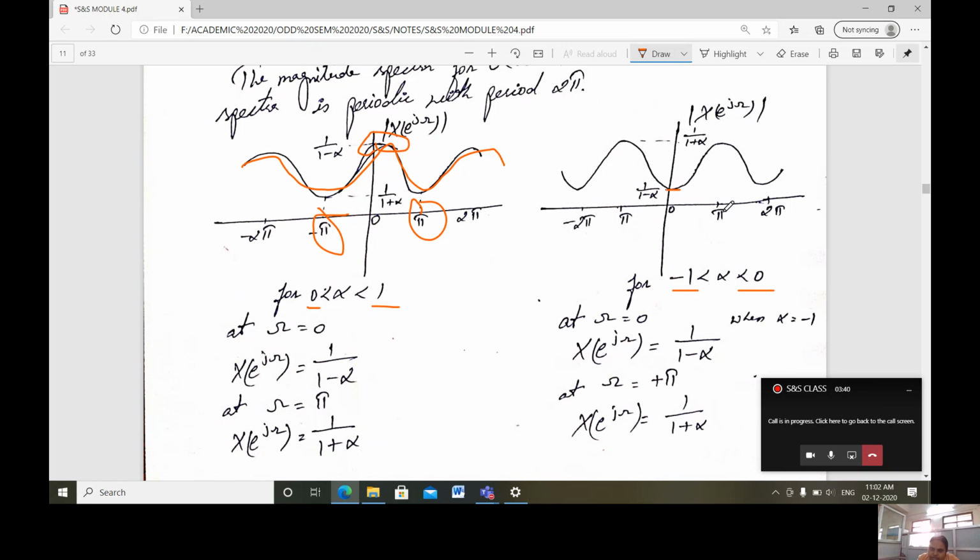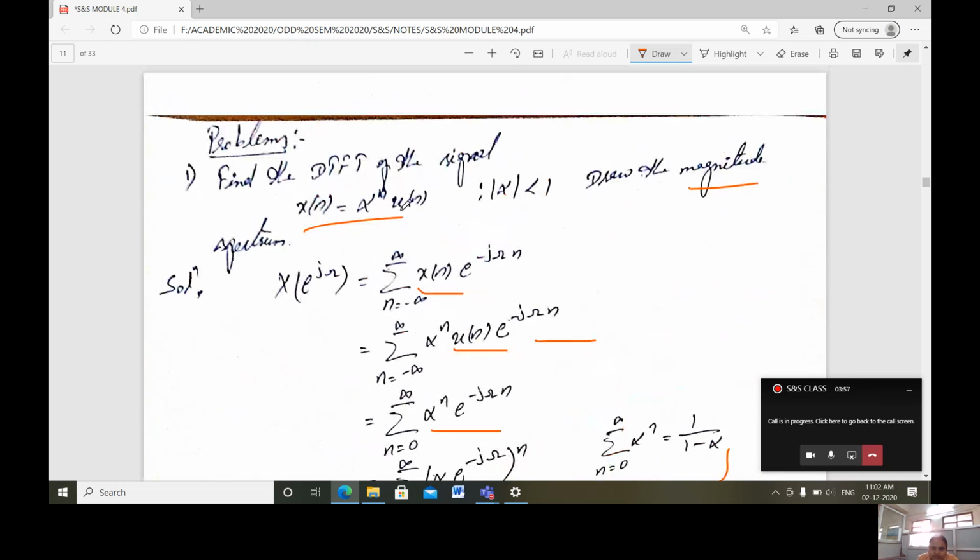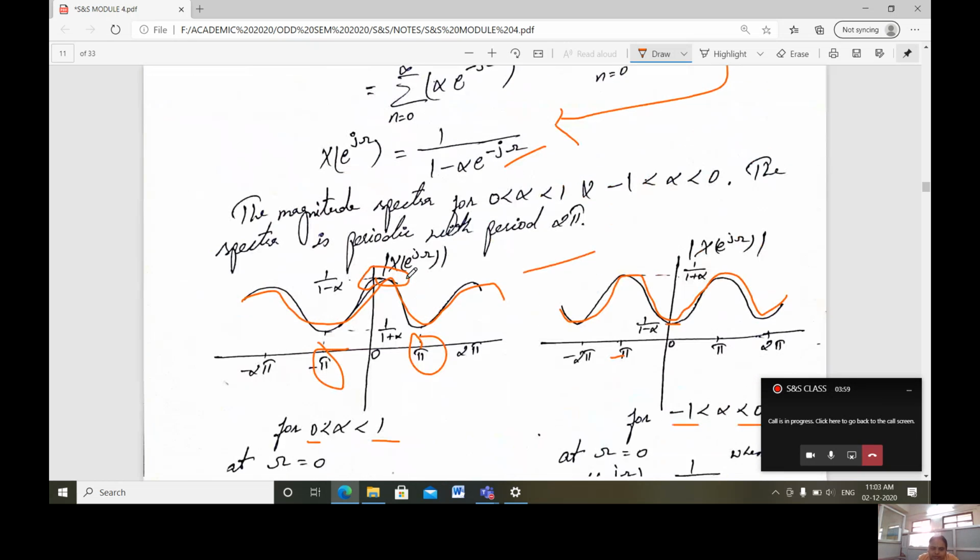Then at pi or minus pi, you will get 1 divided by 1 plus alpha. You will get the signal reverse of the previous one. This is about the magnitude spectrum for the given signal alpha raised to n u of n.